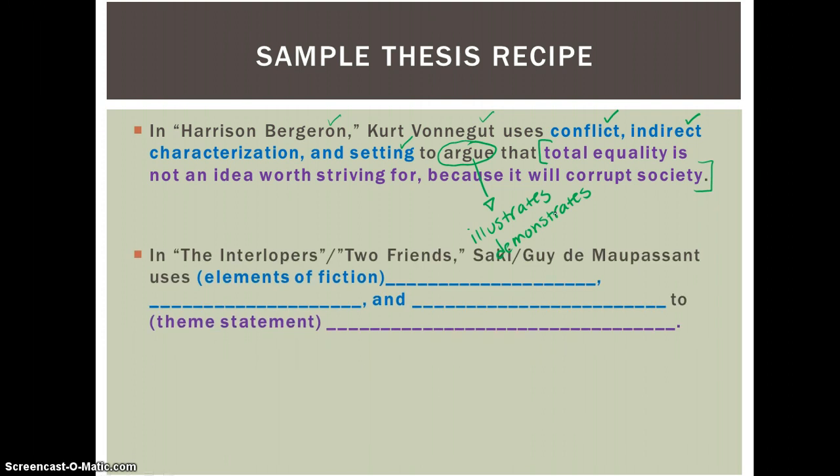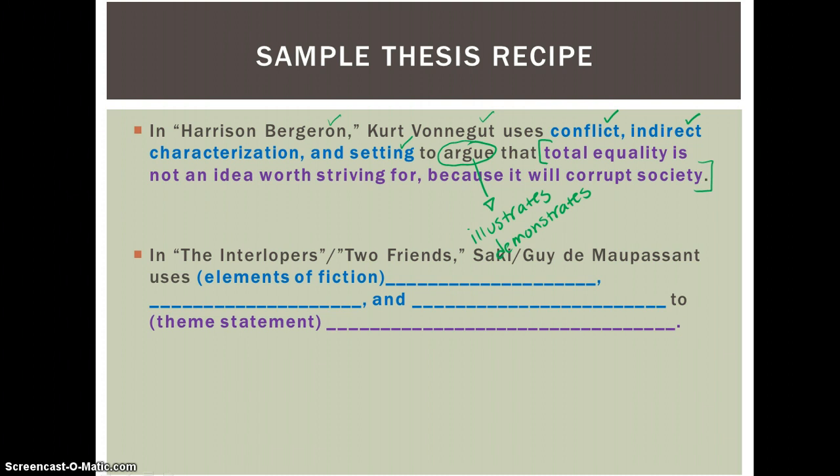So if we look at the bottom here, you'll see that I have a sample recipe for your thesis statement of your paper. So again, as you look here, you have in whatever short story you have chosen, "The Interlopers" or "Two Friends," Saki or Guy de Maupassant uses your three elements of fiction to argue, illustrate, or demonstrate, and then your theme statement.